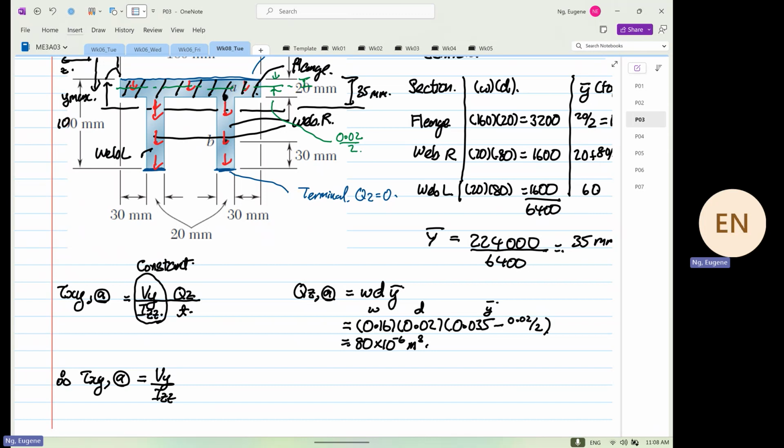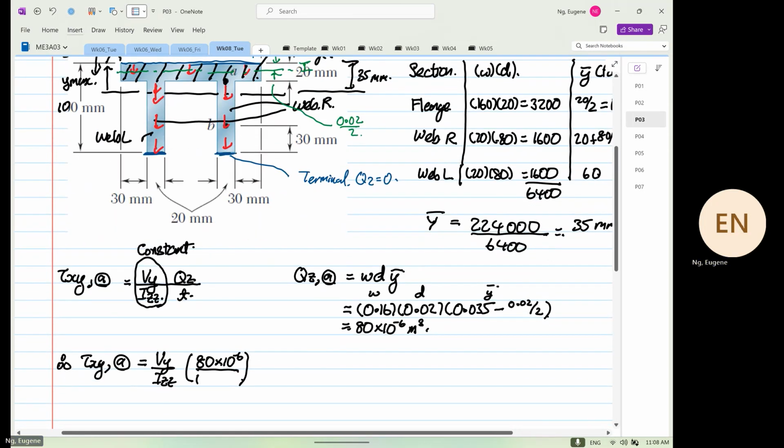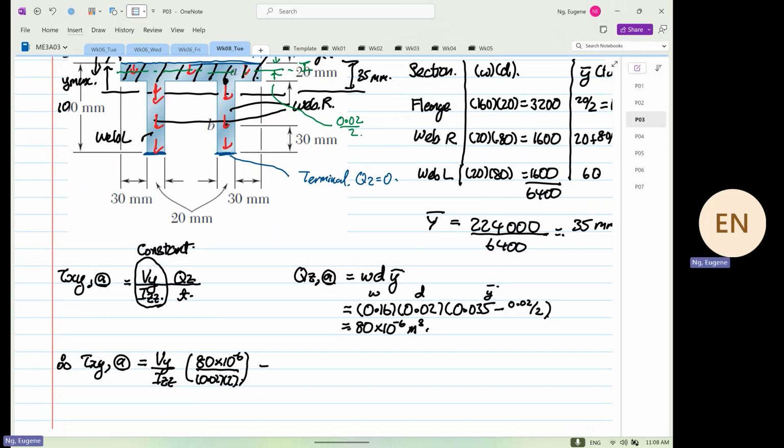We don't care about those values first, but more important is Qz, which is 80 times 10 to the power minus 6, divided by 0.02 multiplied by 2. So this will be equal to Vy over Izz. Okay, so 80 times 10 to the power minus 6 divided by 0.02 divided by 2 is equal to 2 times 10 to the power minus 3.